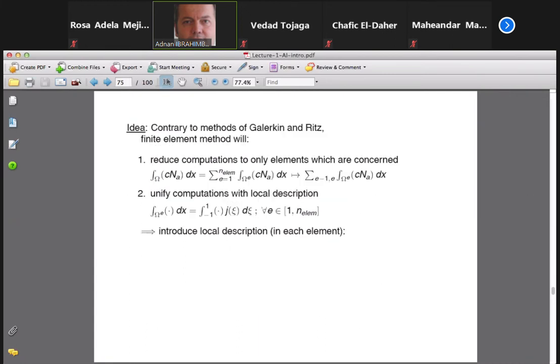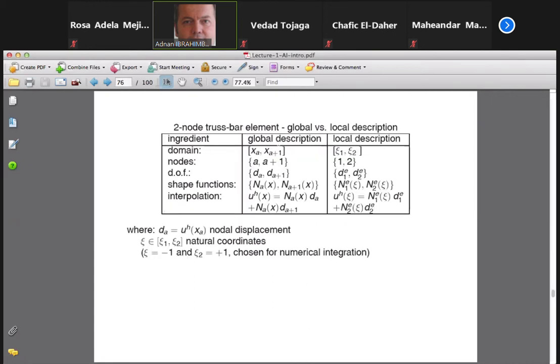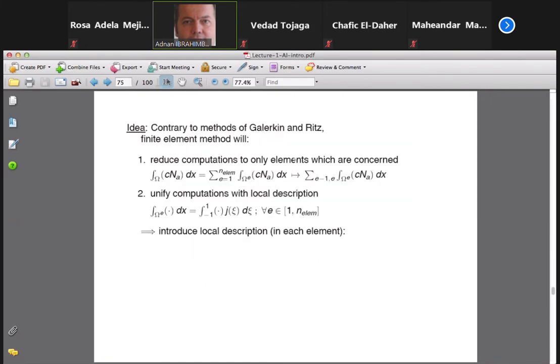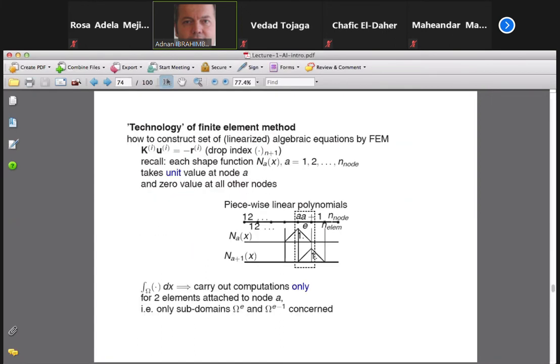So let's look into these details for two-node truss bar elements. The point is the following. Basically, I have a description which is done at the global level, where I always take into account where exactly this element is placed, what exactly its nodes are, what exactly the degrees of freedom are. So every time I use a global coordinate x, which is chosen for the whole domain of this element, it goes from 0 to L.